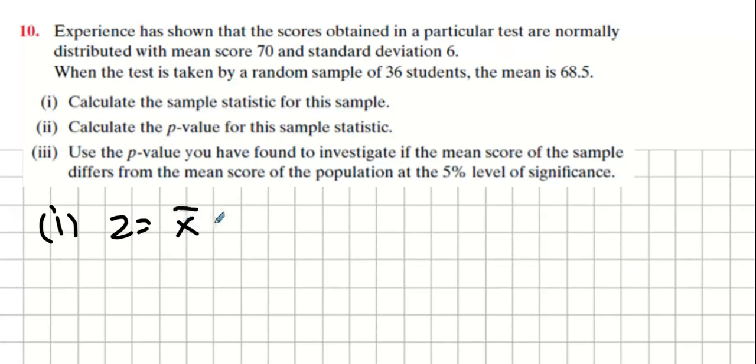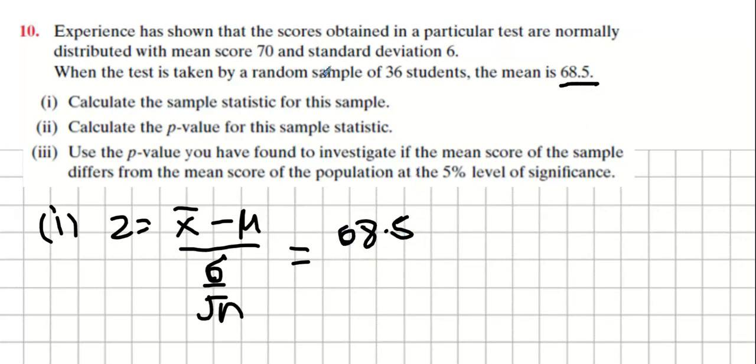So what do you think? What numbers should I put in for each one? What's X bar? 68.5. The claim is the original one. They're claiming 70, aren't they? And we're going to use the 6 for the standard deviation.